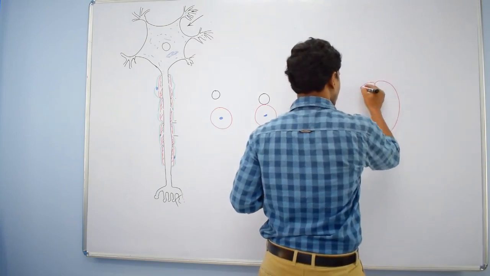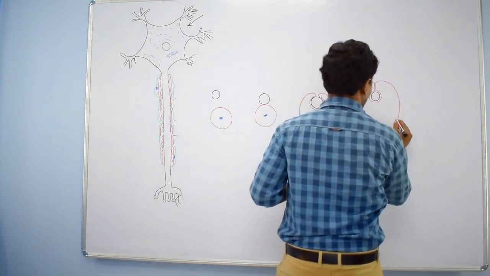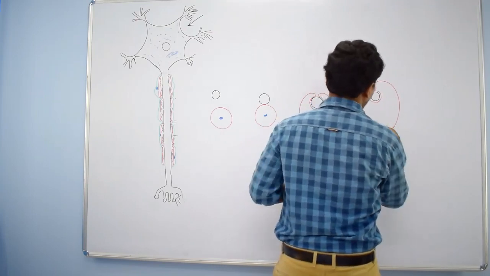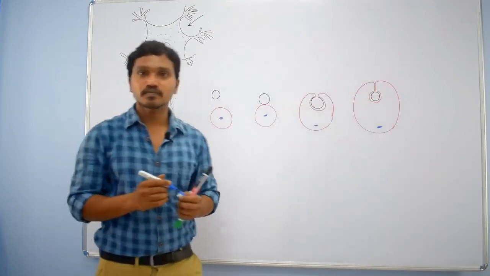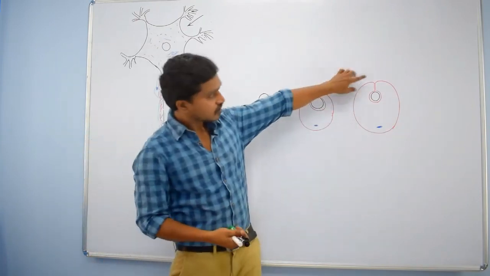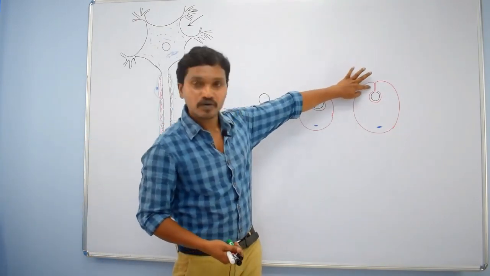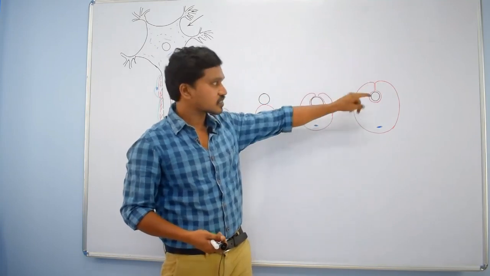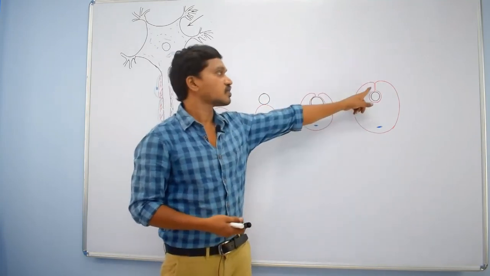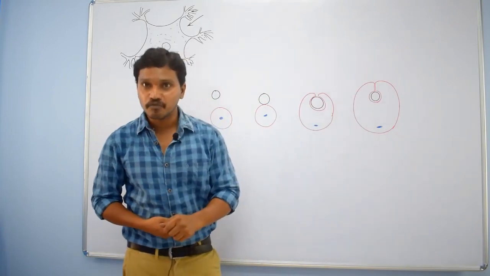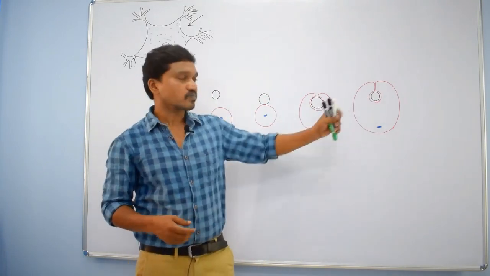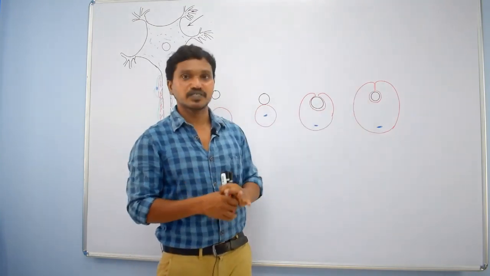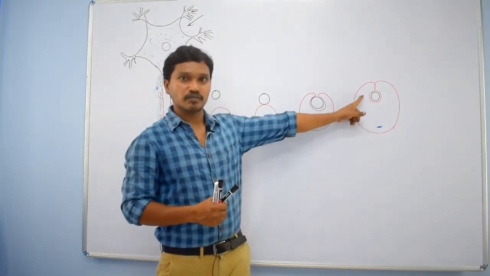The fold of peritoneum suspending the enteron, what we call mesentery. Here also, see, this is a fold of plasma membrane of the squamous cell suspending the axon. So this fold, what we call mesaxon. So mesaxon formation.